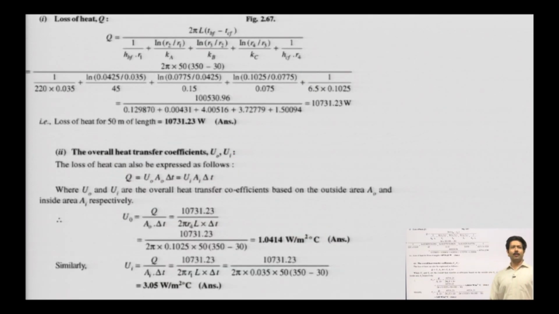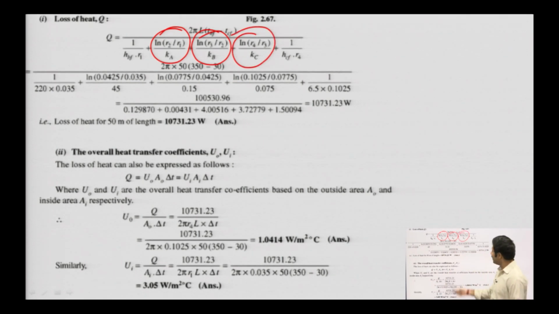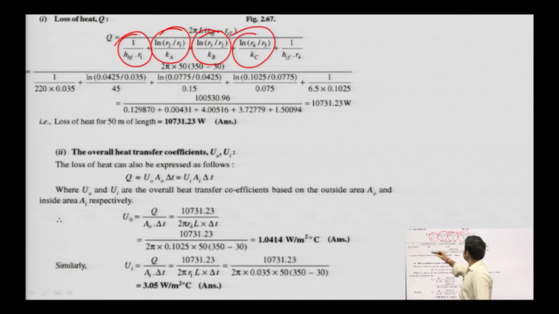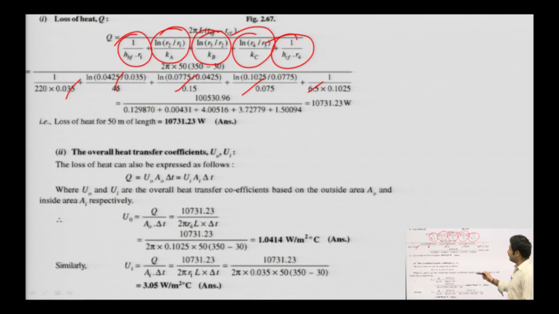So what do you need to do? The same thing. Here the heat is getting transferred through the composite cylinder, so the resistances have changed, and since it now has convective resistance as well, it is accompanied by convection. So just put all the values here, and then you can find out the value of this heat.